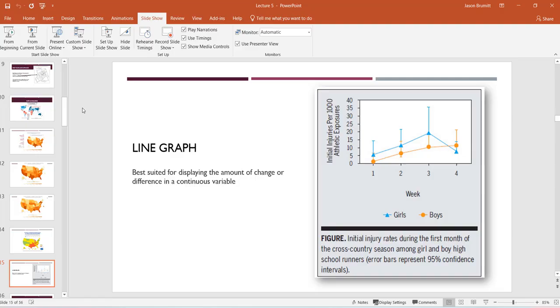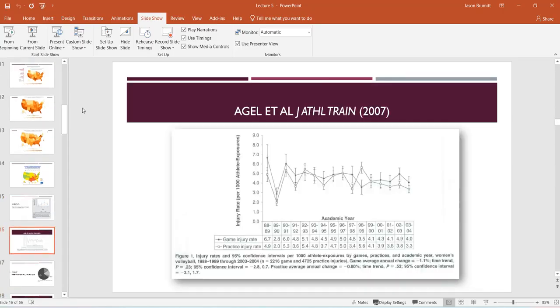We see that increase, and it appears that potentially week 3, if we're just looking at this particular graph, was an area of significant increase. Can't say for sure because we don't see that information presented within the data, but we do see, for example, boys in week 2, there were 5 injuries per 1,000, moving up to about 10. Females, there were 10, moving upwards of like 18 or 19 in week 3.